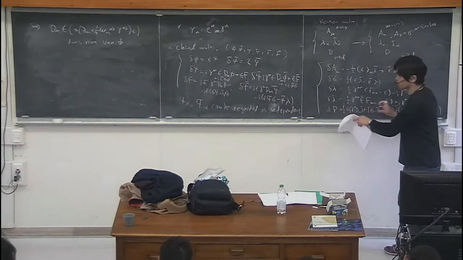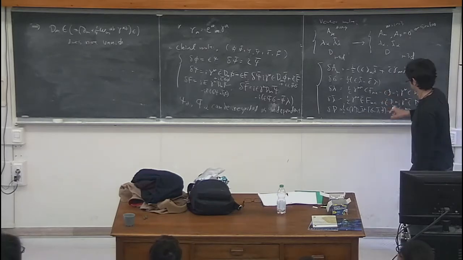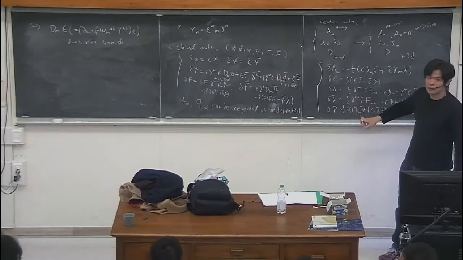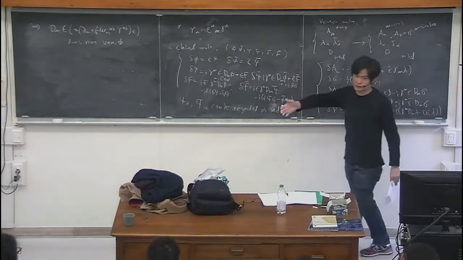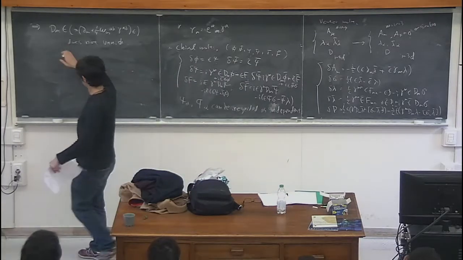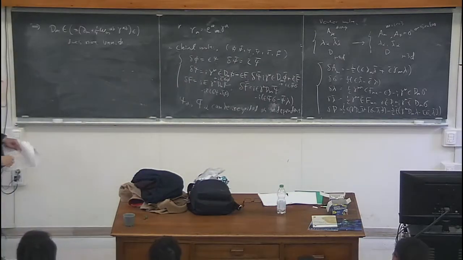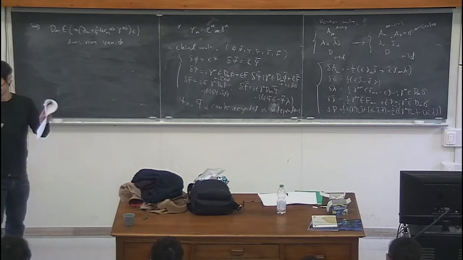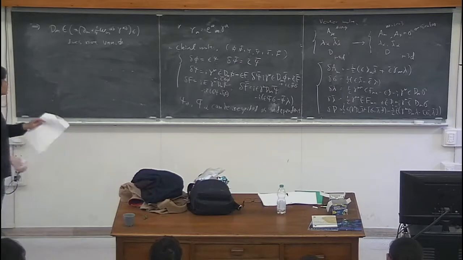Then some derivative of epsilon appears. But on a flat space, epsilon is a constant spinor, so it's okay. But on a curved space, this doesn't vanish. And if this is a generic one, then we cannot expect any finite order cancellation of such terms.